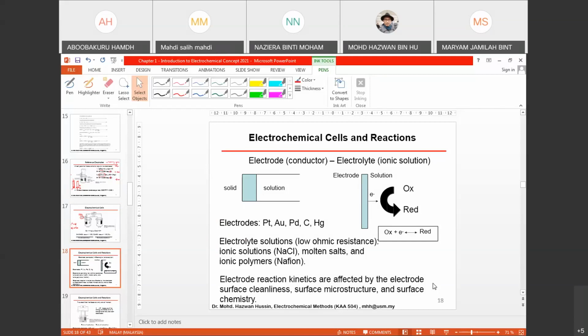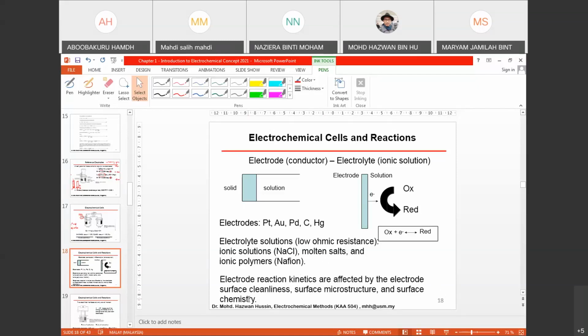You can find electrodes of many types, like platinum, gold, palladium, carbon, mercury, and so on. Electrolytes can be noted as having lower ohmic resistance, which means a very highly conducting solution, for example ionic salts, molten salts, and ionic polymers.